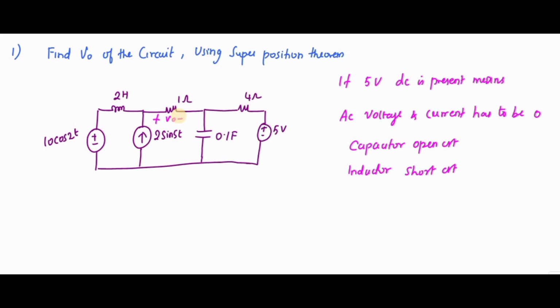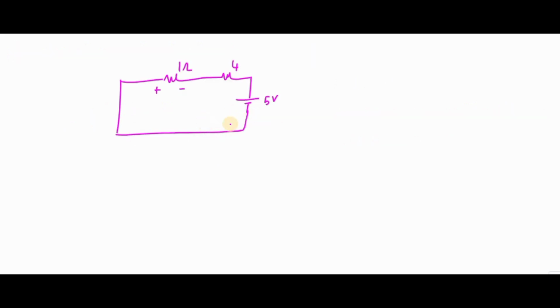This is short circuit, this is open circuit. The voltage across this 1 ohm is V0. Applying the voltage divider rule, 5 times 1 divided by 5, since 4 plus 1 is 5 total resistance, that is equal to 1 volt. So V0 is equal to 1 volt.